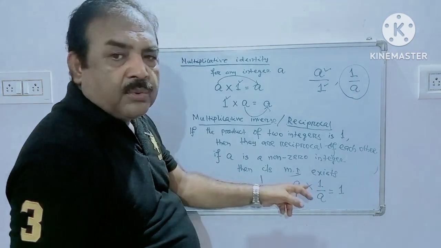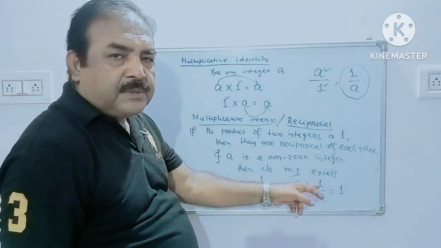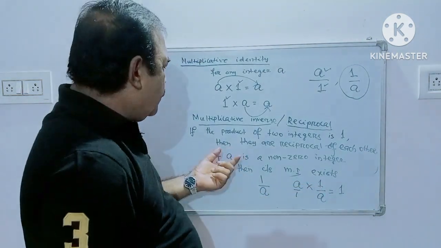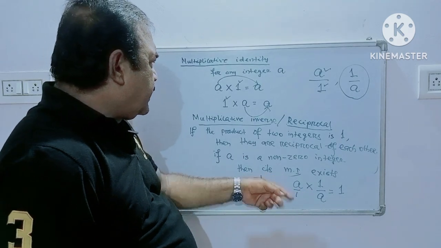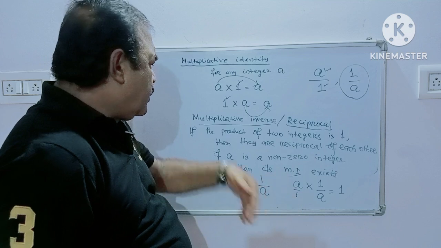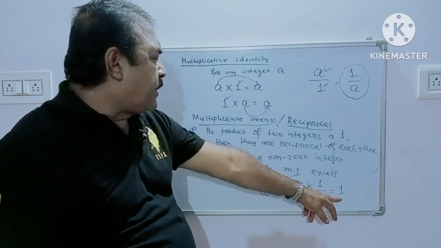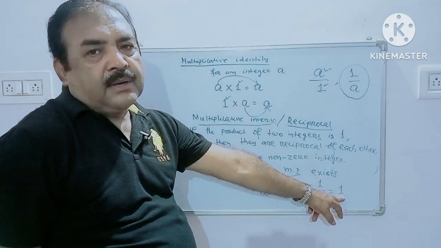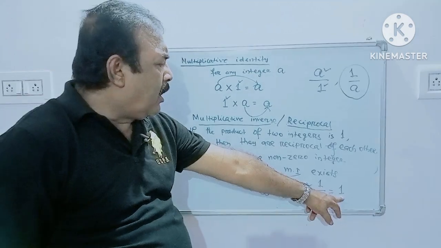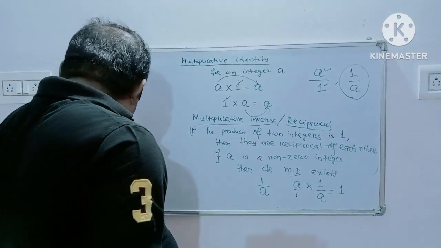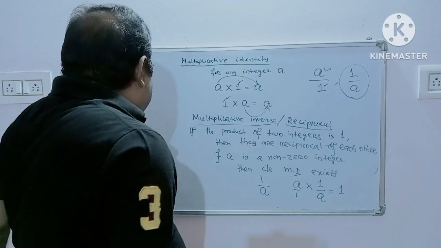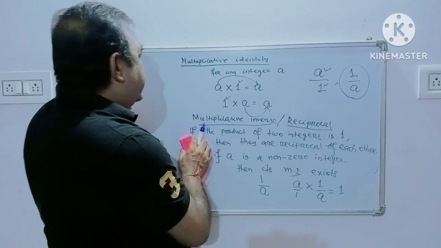Both are reciprocal of each other, and if you multiply a non-zero integer to its reciprocal or to its multiplicative inverse, the product will always be 1. So this is most important, and you will remember it.